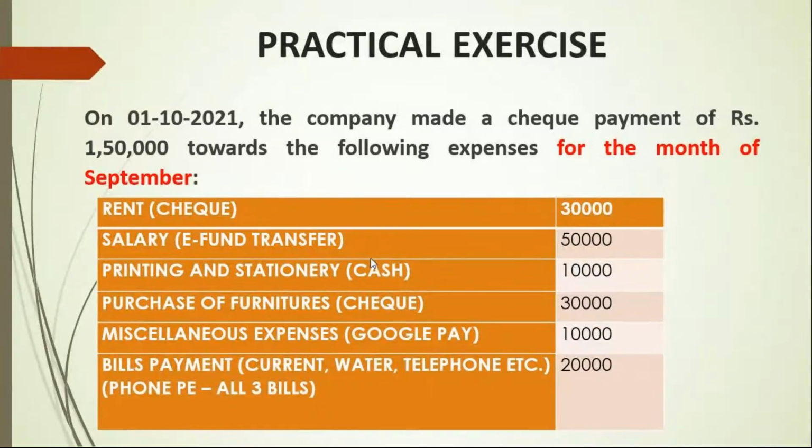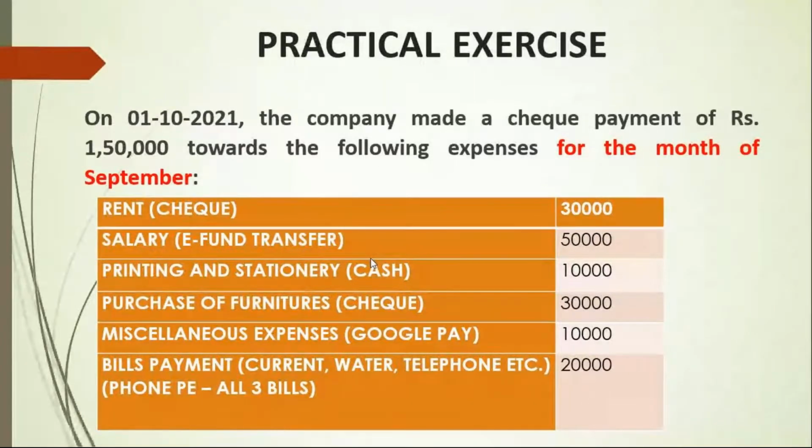Now here I've given a small entry. How do we do this? I've given here on 1st of October 2021. Your dates can't be changed as one of the limitation, but I've just given for the sake of the case or the situation. However you want to, you can define it.